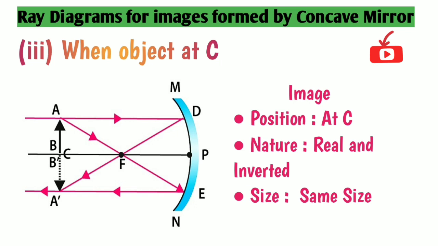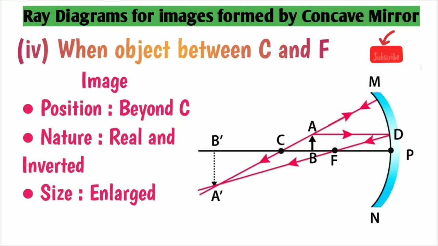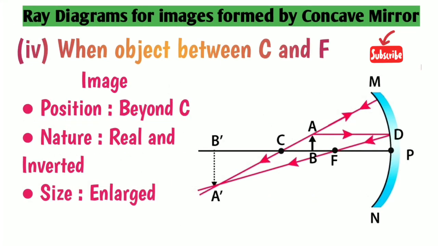Next, form number 4, when the object is placed between the center of curvature and the focal length. So a ray which is parallel to the principal axis passes through the focus point, and another ray passes through the center of curvature, touching the head of the object AB, and after reflection it will be reflected back in the same path.